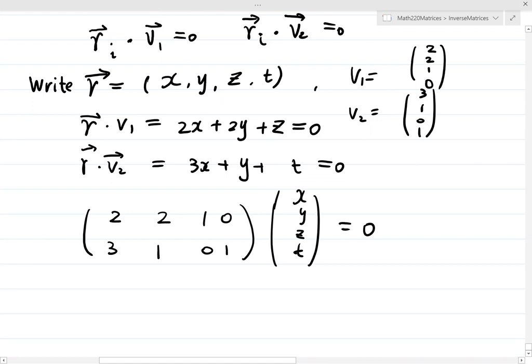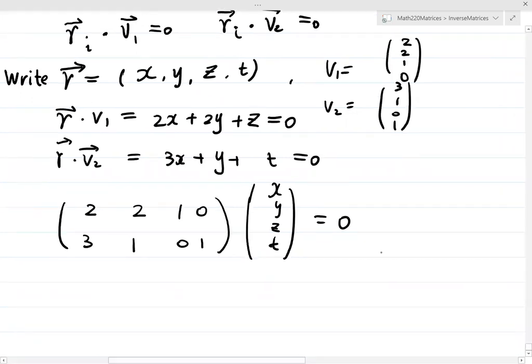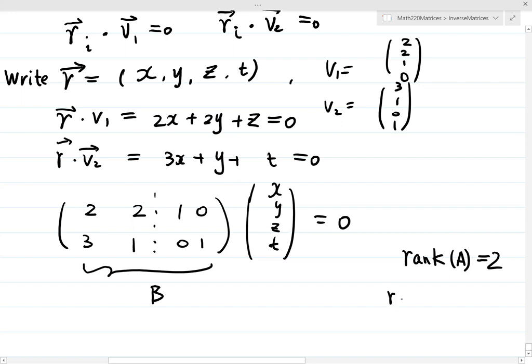Here A has rank 2, and we want A to be rank 2. Also this matrix B has rank 2.